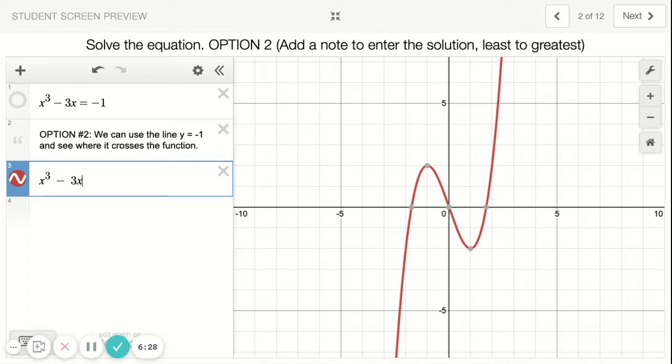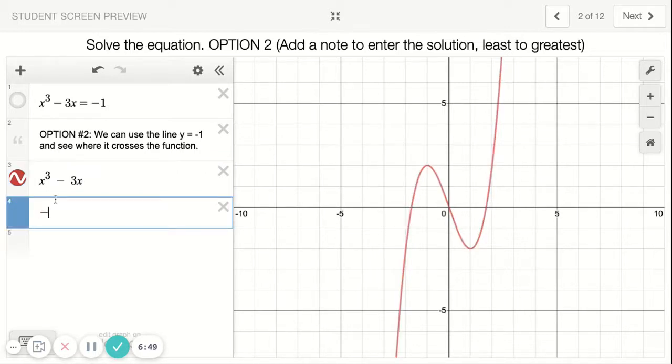Then we're going to move on to step 2. On step 2, we're going to graph the right side. So the right side, we have -1. Now, when you go to graph this one, it does not recognize -1. It doesn't know what -1 is, so you won't get anything.